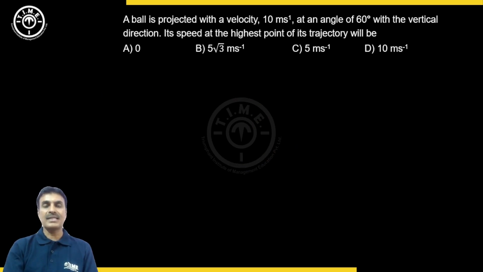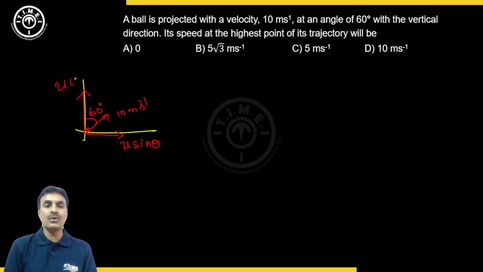And the last question, another question that appeared in a recent NEET paper. A ball is projected with a velocity 10 meters per second at an angle 60 degree with the vertical. It's a tricky question. This time angle is given with the vertical, not with the horizontal. When a body is projected this way, the angle is given here 60 degree with a velocity 10 meters per second. So its horizontal component is this time u sin theta, whereas the vertical component is u cos theta, because angle is given with the vertical.